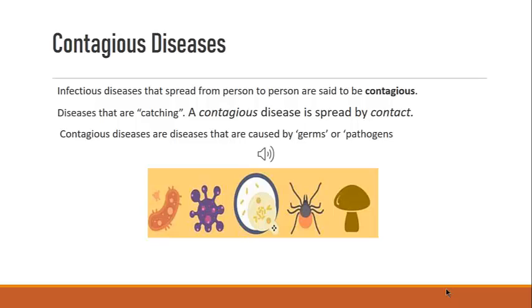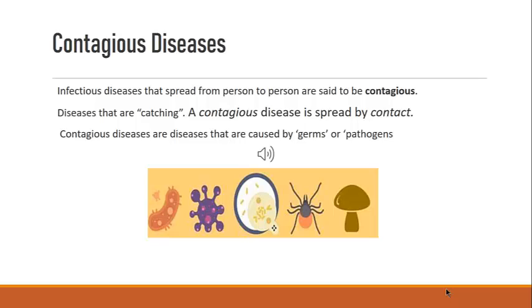Infectious diseases that spread from person to person are said to be contagious. These are catching diseases. So a contagious disease is a disease which spreads by contact.